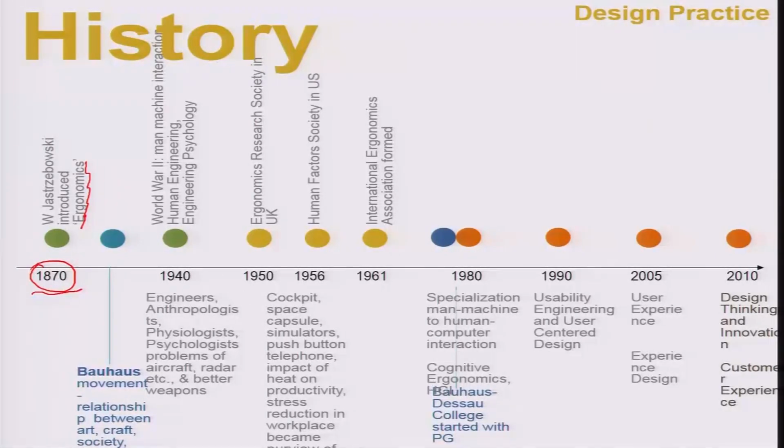The whole area of ergonomics was founded by Jastrzebowski in the same year. Then there was the Bauhaus movement, another pointer towards how design could be important, and the relationship between art, craft, and society.